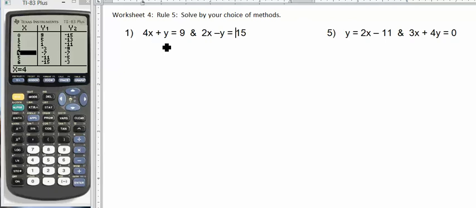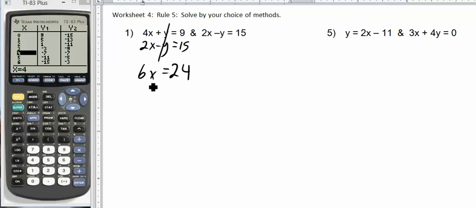So we have our positive y and our negative y. So all we're going to do is write this equation underneath here, and we're just going to add it. So in this case, the y and the negative y cancel. And we get 6x equals 24.